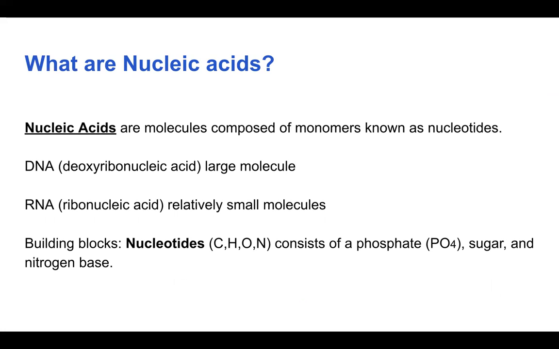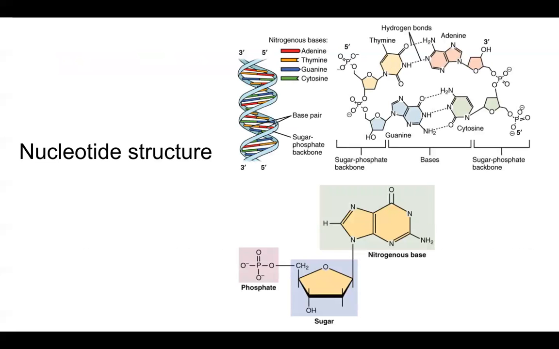The main building blocks of nucleic acids are nucleotides, which consist of carbon, hydrogen, oxygen, and nitrogen, and also consist of phosphate, sugar, and a nitrogen base. Here, given nucleotide structure, which consists of nitrogen base, sugar, and a phosphate group.